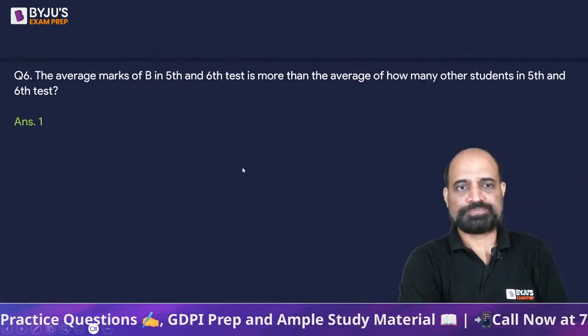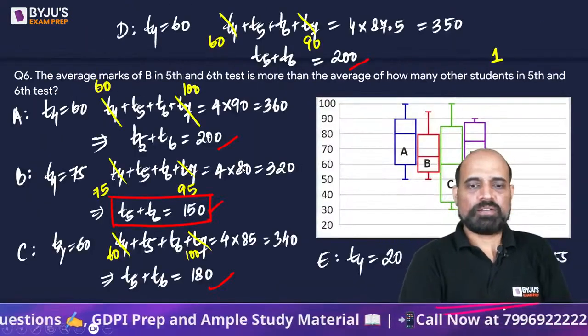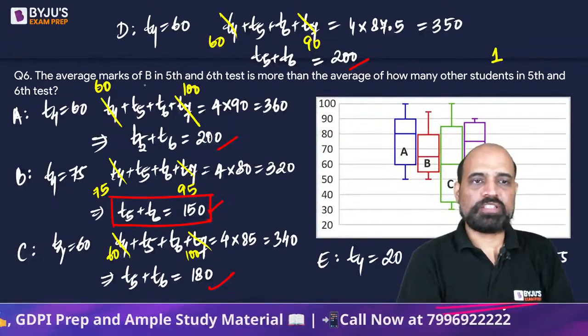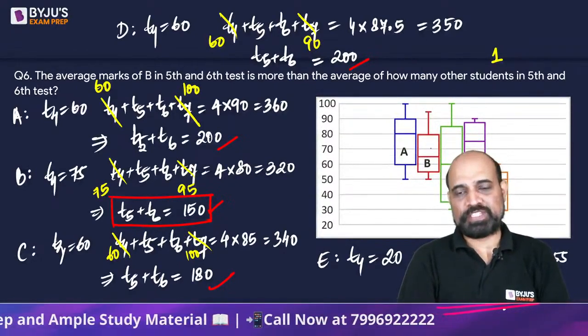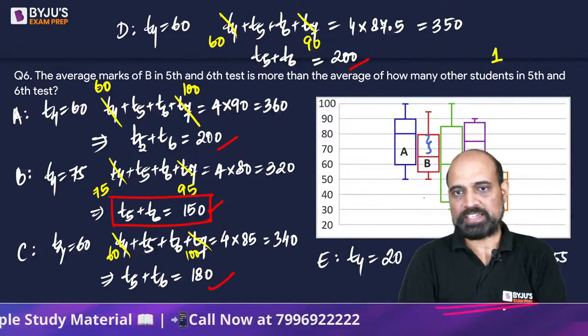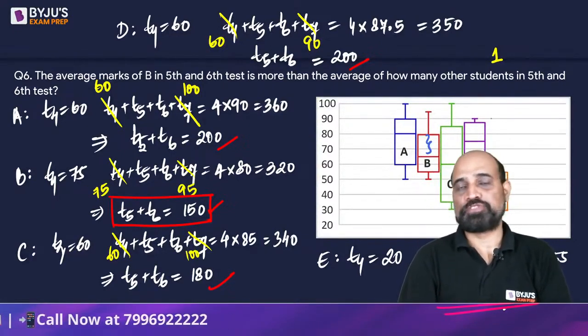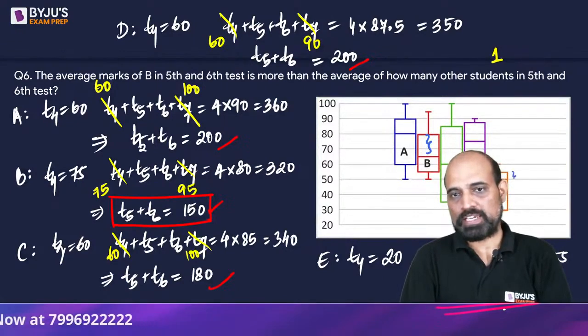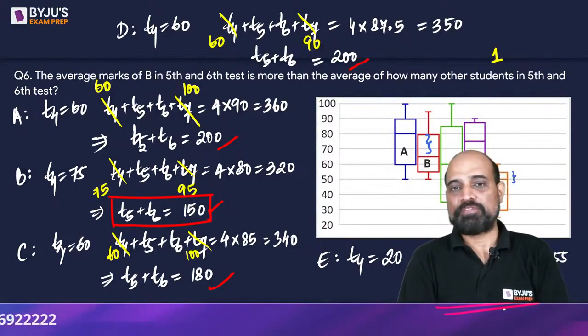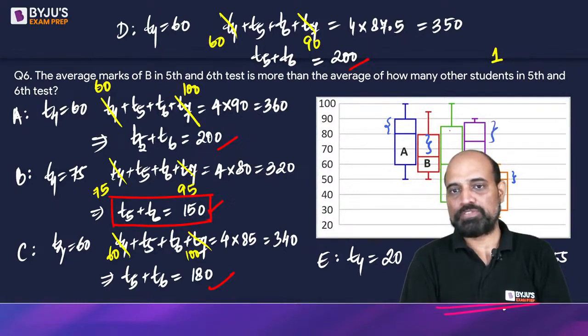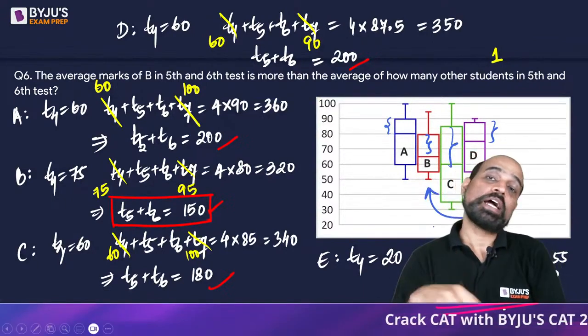For example, in this particular question, the average marks of B in 5th and 6th. So 5th and 6th means here is more than the average of how many other students in 5th and 6th. So we know that only one is below this. Everyone at 5th and 6th is above. So there is only one particular student who has more than this.